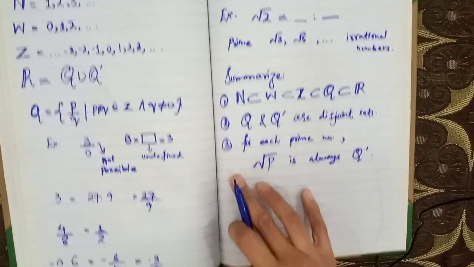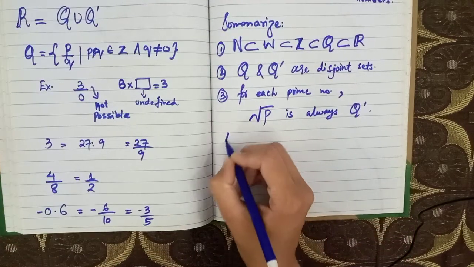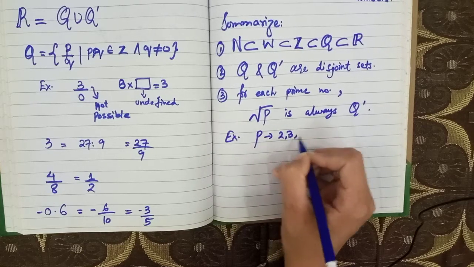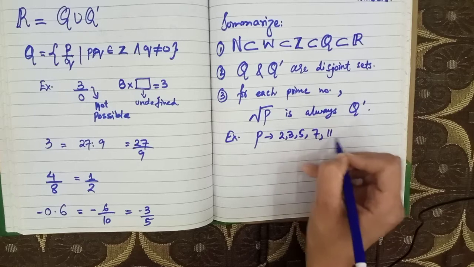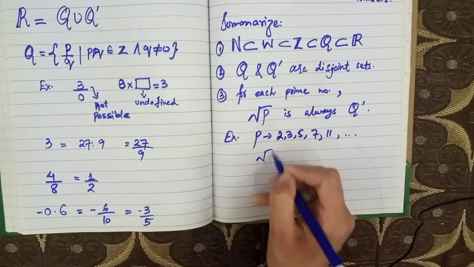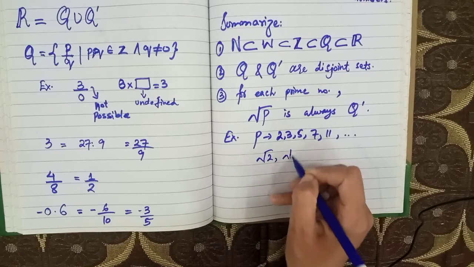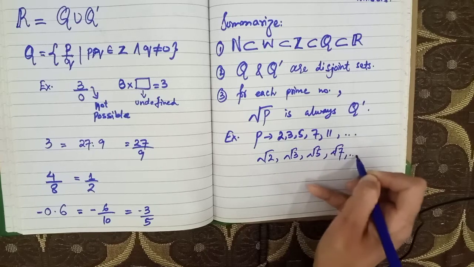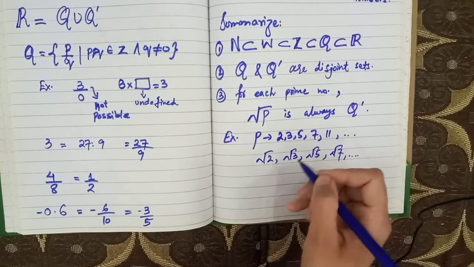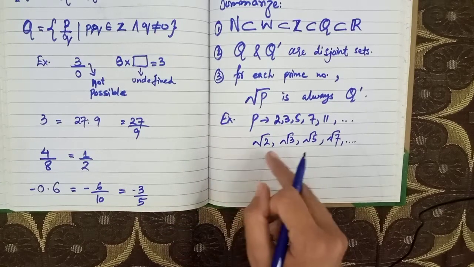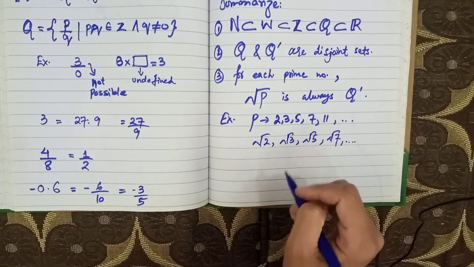Any prime number, we already know these are the prime numbers 2, 3, 5, 7, 11 and so on. When they are rooted, under root 2, under root 3, under root 5, under root 7 and so on, they all would be irrational numbers because they cannot be written as the ratio of any two numbers.